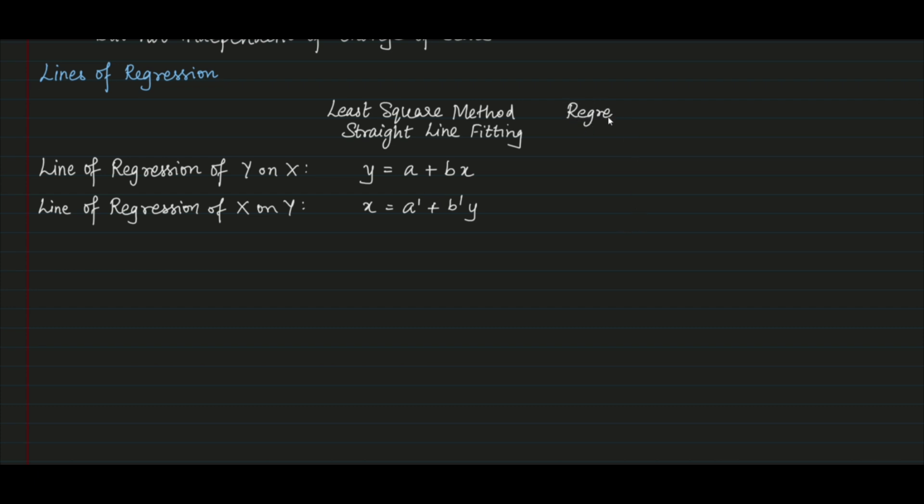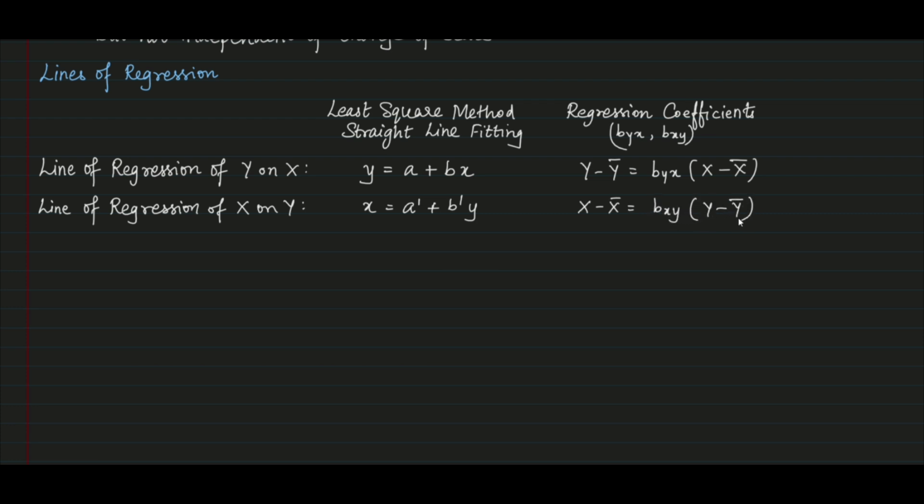The latter is that we can use the regression coefficients byx and bxy. Here it will be y minus y bar is equal to byx into x minus x bar. And x minus x bar is equal to bxy times y minus y bar. Here the slope of this equation will be byx.